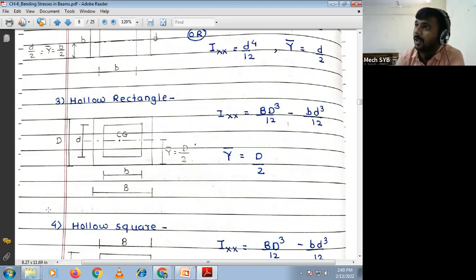बघा रेक्टँग्युलर सेक्शनची हॉलो बाहेरची डायमेन्शन म्हणजे सगळ्यात बाहेरचं विड्थ इट इज रिप्रेझेंटेड बाय कॅपिटल B, आणि व्हर्टिकल डिस्टन्स इज रिप्रेझेंटेड बाय कॅपिटल D. आणि आतला जो काय स्मॉल रेक्टँगल आहे त्याची डायमेन्शन इज रिप्रेझेंटेड बाय द लोअर केसेस. म्हणजे बघा स्मॉल b आणि स्मॉल d.